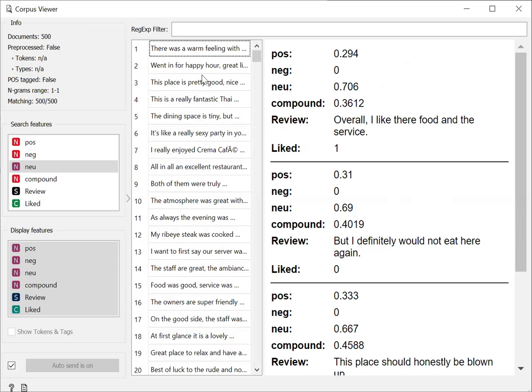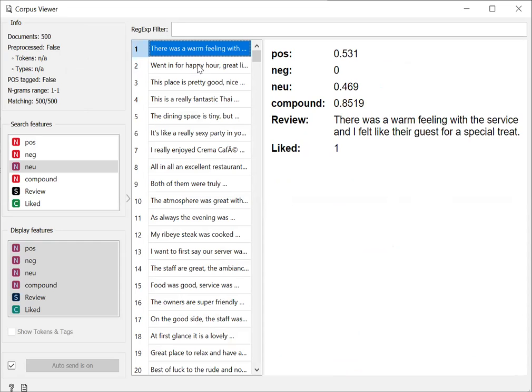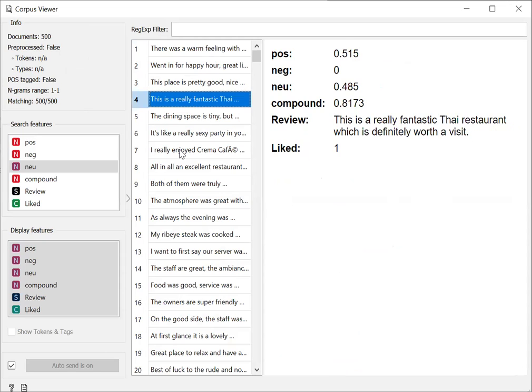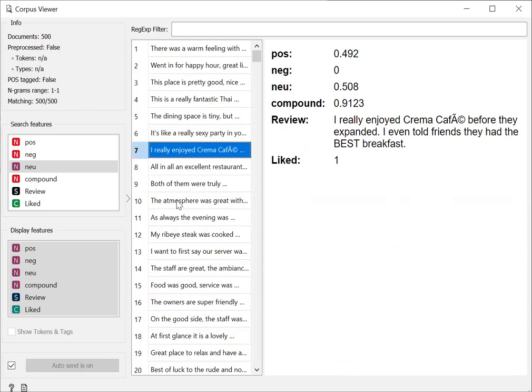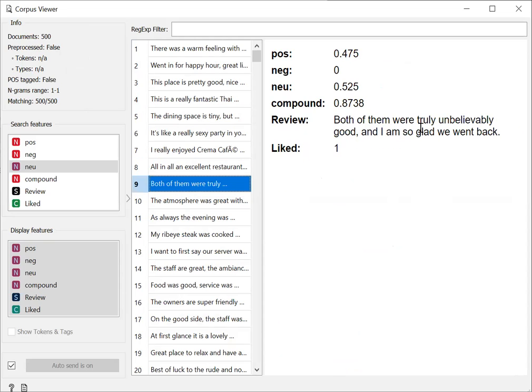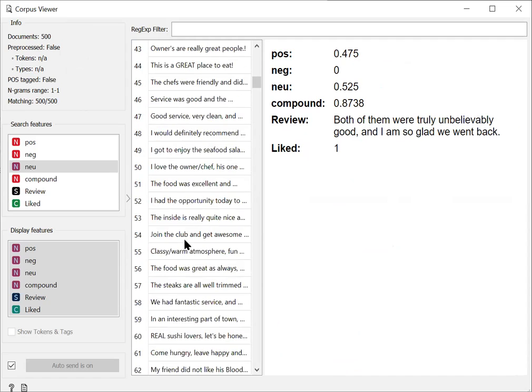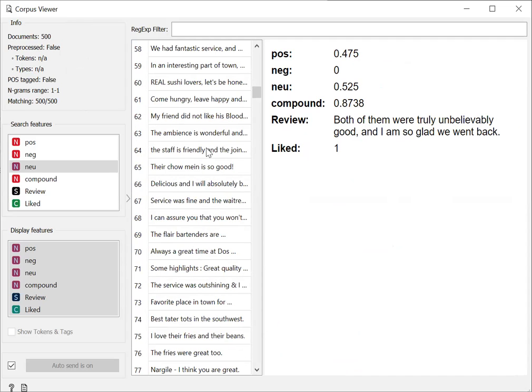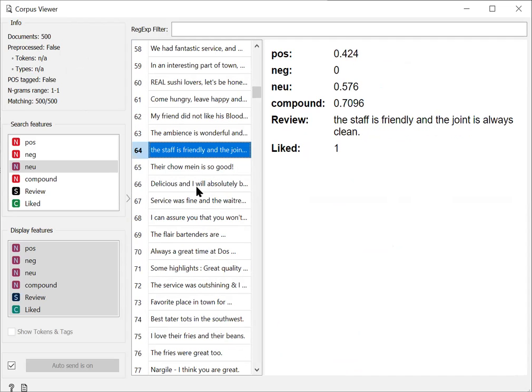Here. Okay, let me go through some of the reviews to see whether they are positive or not. Yeah, there was warm feeling and I felt like guest for special treat. Yeah, this is positive. Also positive. Both of them were truly unbelievably good and I'm so glad we went back. Okay, so we can see Orange was doing very good job.